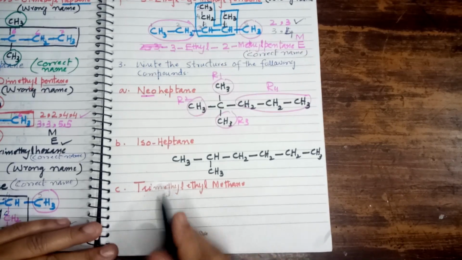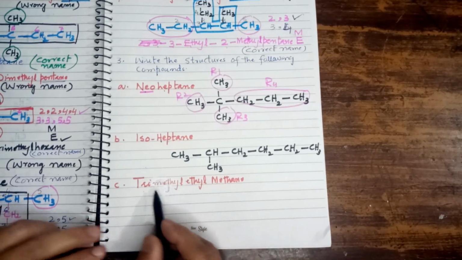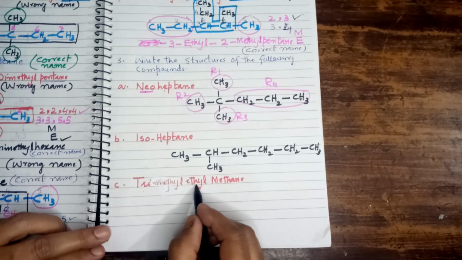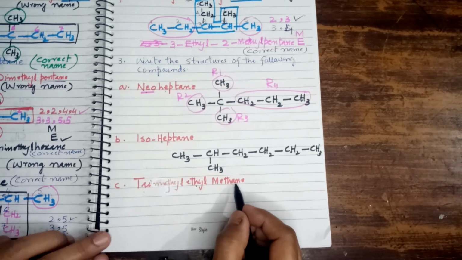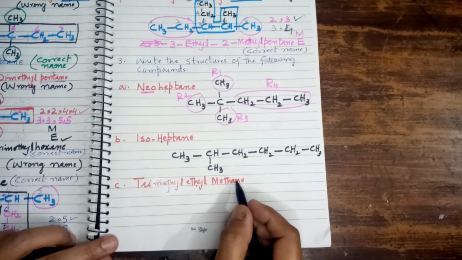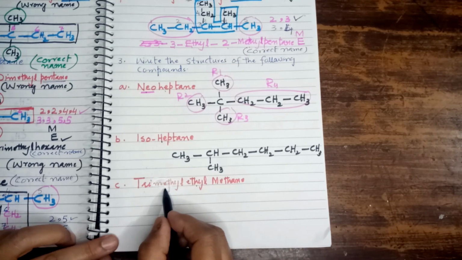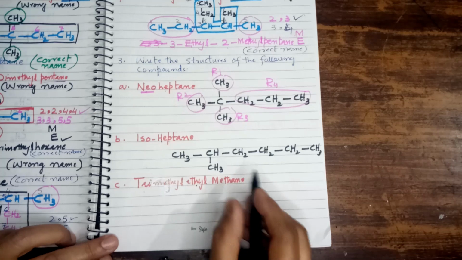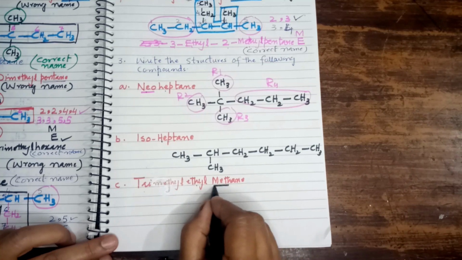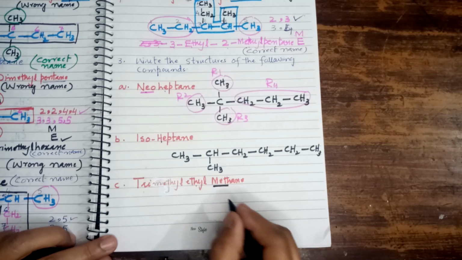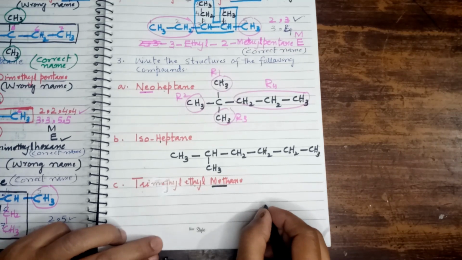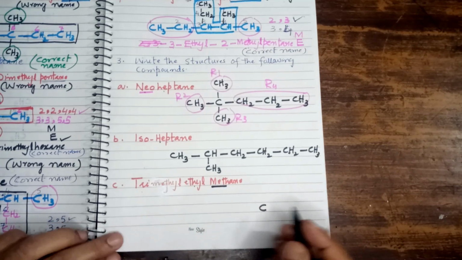Got it, students? Now next is trimethyl ethyl methane. Another name is given to us and we are asked to draw the structure. Here meth shows how many carbon atoms are there, students? Yes, 1 carbon. So we made 1 carbon.